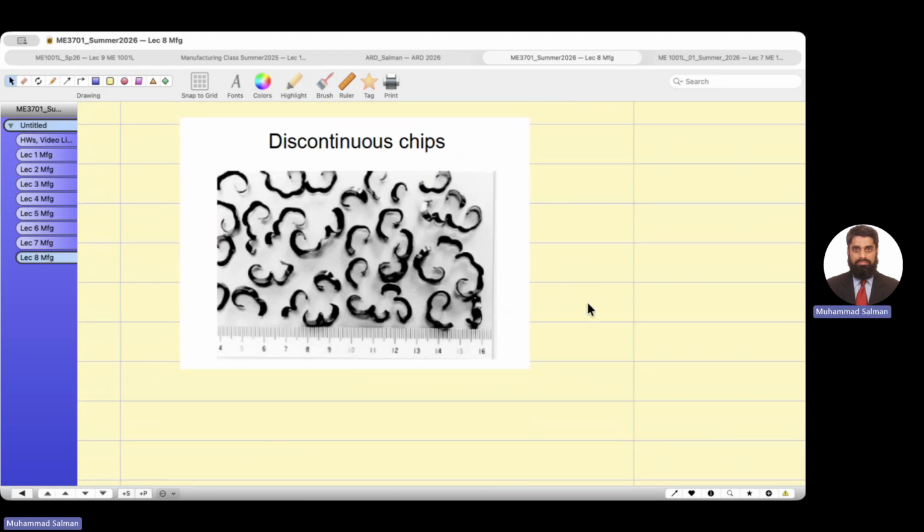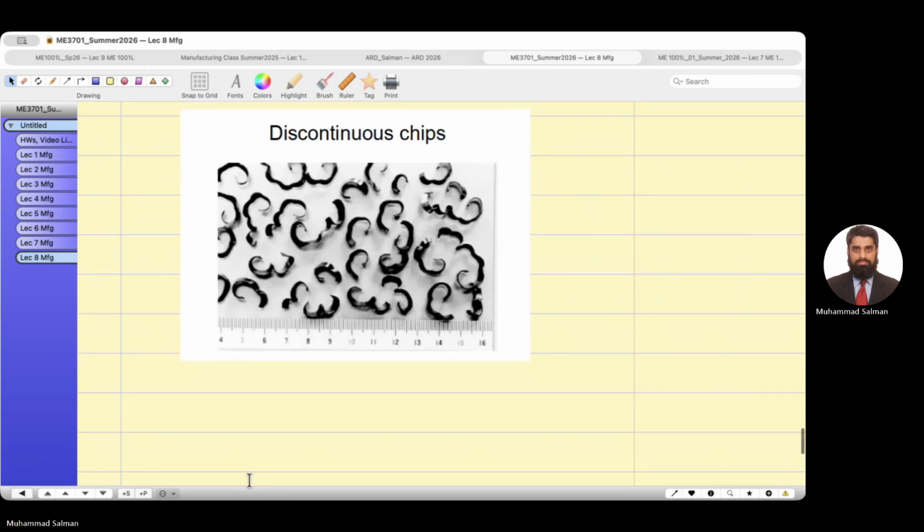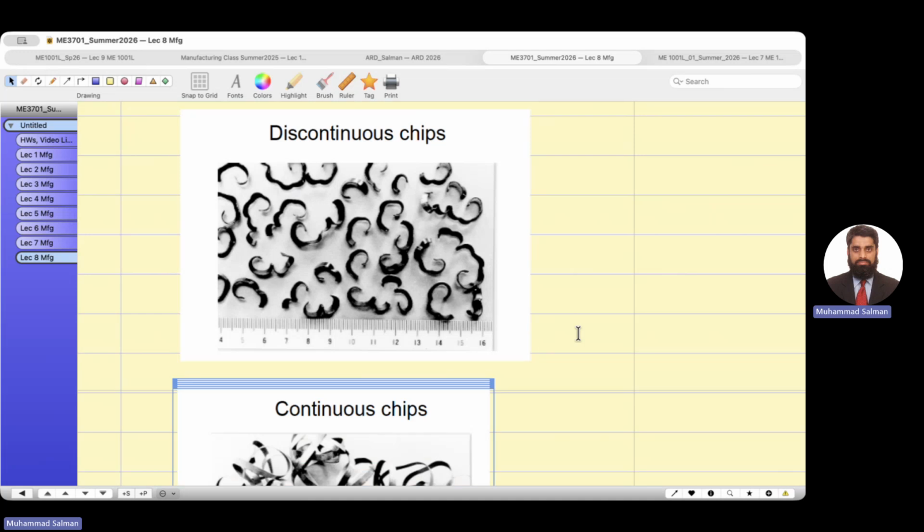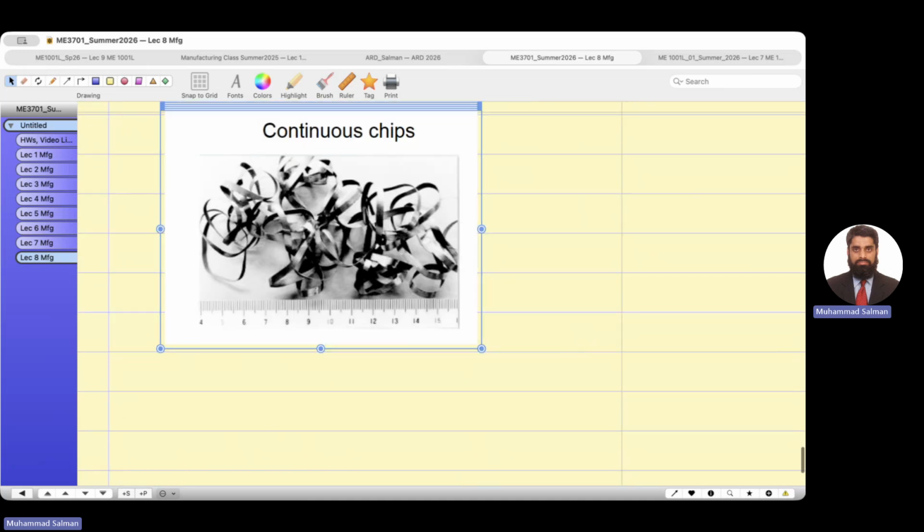After you cut metal, you have these discontinuous chips, telling you the material is not very ductile, the chips are breaking. And when you see continuous forms of chips, the material is very ductile, malleable.